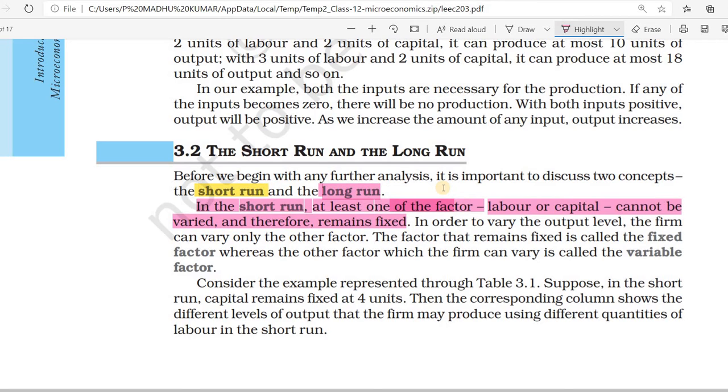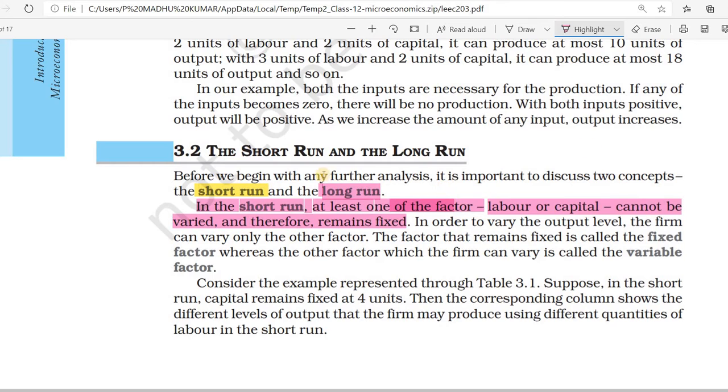Normally capital means machinery, or land, or in the case of farming it will be land or buildings. These factors remain fixed, and other factors such as labor and raw material will vary.